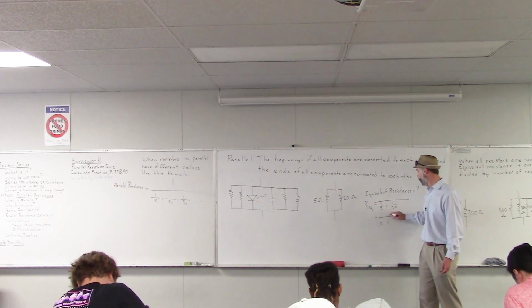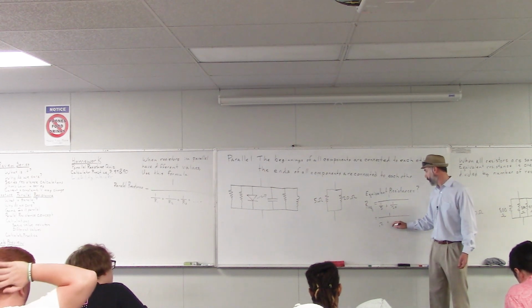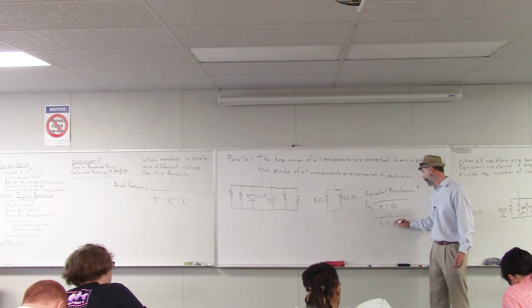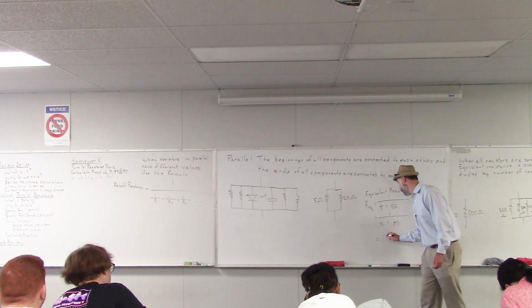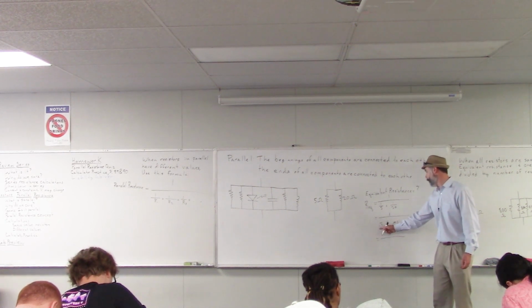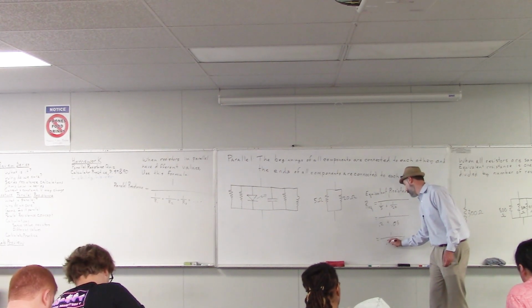And then what's 1 divided by 20? 0.05. So that is 1 over, and then we can add 0.2 and 0.05, so we get 0.25.